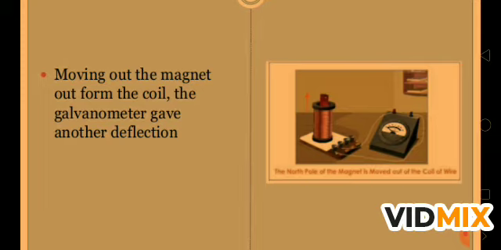So when moving out the magnet from the coil, the galvanometer gave another deflection, which means when the magnet moves inside or outside there is always a current. This is the principle of the generator also: when the coil moves in the presence of a magnetic field and the magnetic field lines are cut, then it induces current, and we get the current with the help of this process.